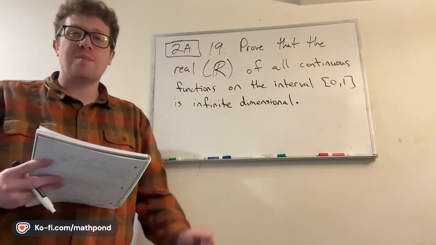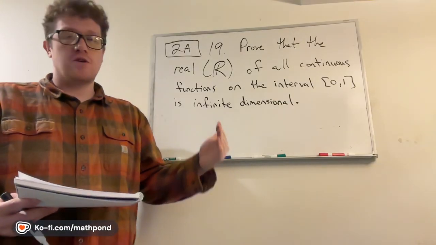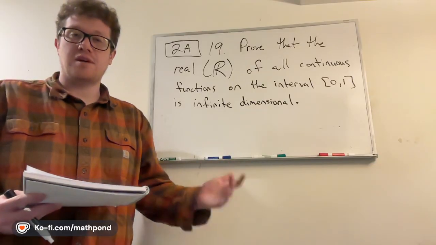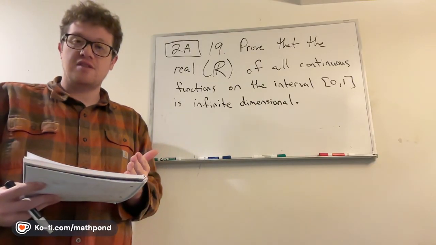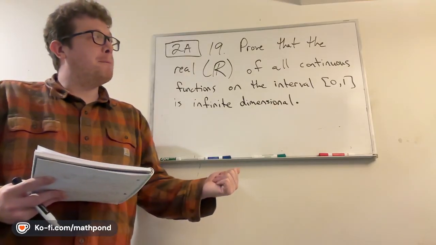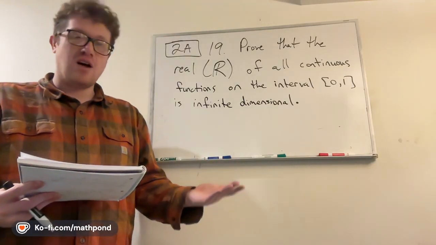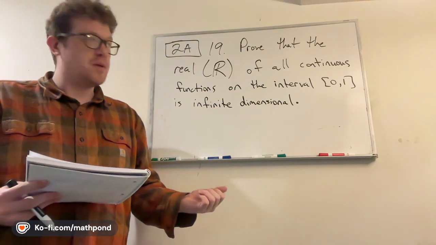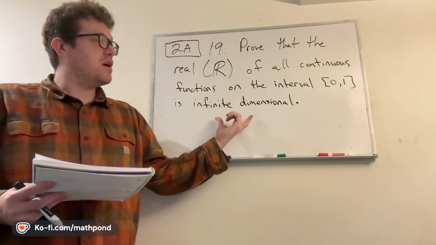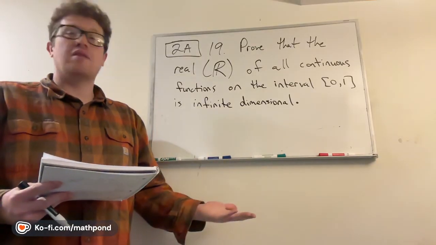One thing we know about finite dimensional vector spaces, though, is that he proves that every linear subspace of a finite dimensional space is also finite dimensional. So we can use that statement. I'll go over why that's true a little bit, but if we can come up with a subspace that is infinite dimensional, then we're done.